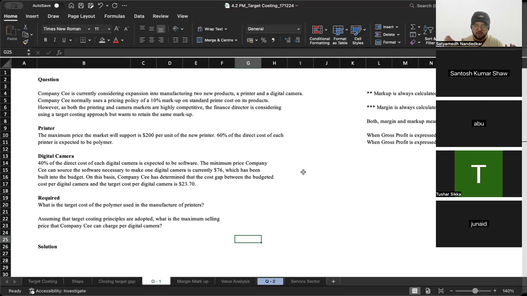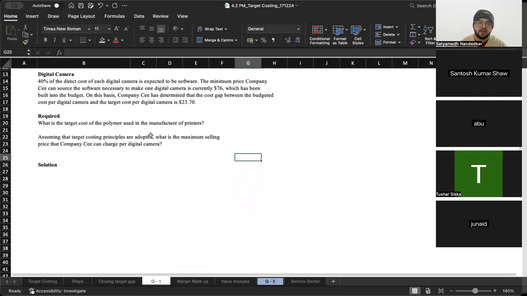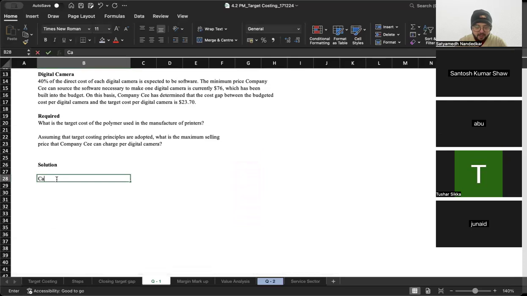First do the printer, then we'll go to the digital camera. The maximum price the market will support is 200 per unit, and Company C usually uses a pricing policy of 10% markup on the standard prime cost, and it is planning to use a target costing approach but wants to retain the same markup. Okay, let's talk about the printer first.